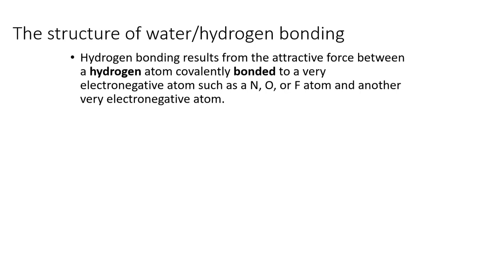Before we do that, we look at what we call hydrogen bonding. Hydrogen bonding is usually like a physical bond, not really a chemical bond, but kind of a physical bond. There is an attraction between molecules.